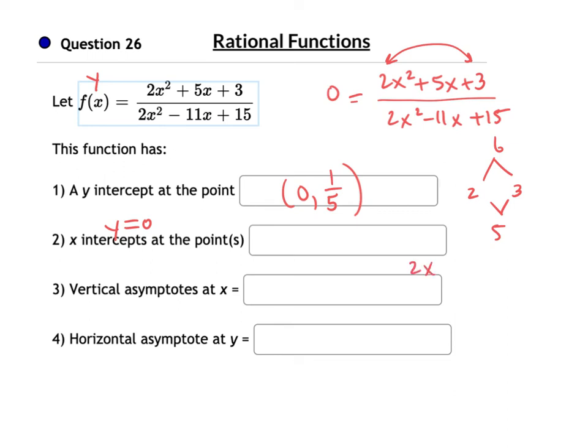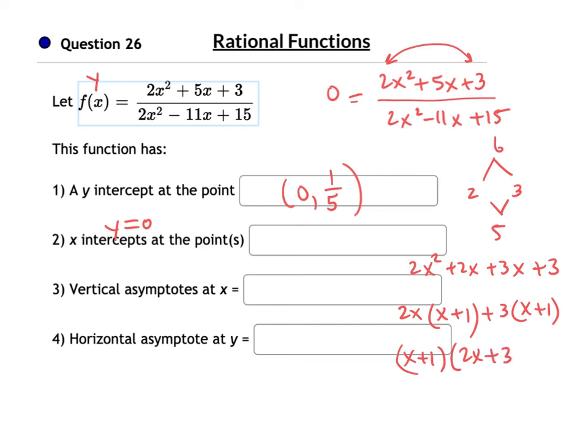It's 2x squared plus 2x plus 3x plus 3, which is 2x times x plus 1 plus 3 times x plus 1. Pull out the x plus 1 out of both terms. It's x plus 1 times 2x plus 3. This is the numerator.